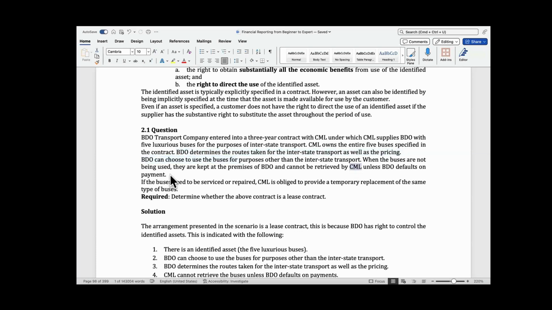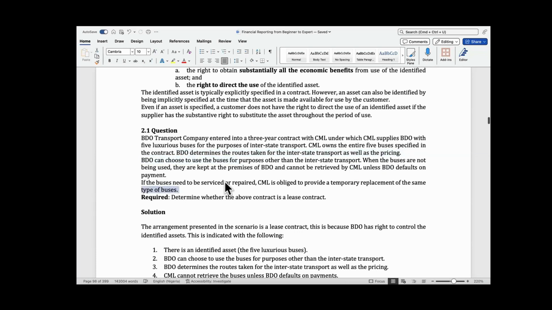If the buses need to be serviced or repaired, CML is obliged to provide a temporary replacement of the same type of buses. You see from this paragraph that the buses are kept in the premises of BDO, and CML cannot retrieve them unless there is need for repairs. He cannot come and say he wants to retrieve it.